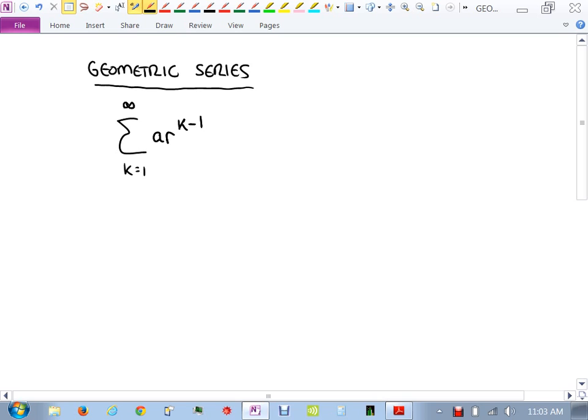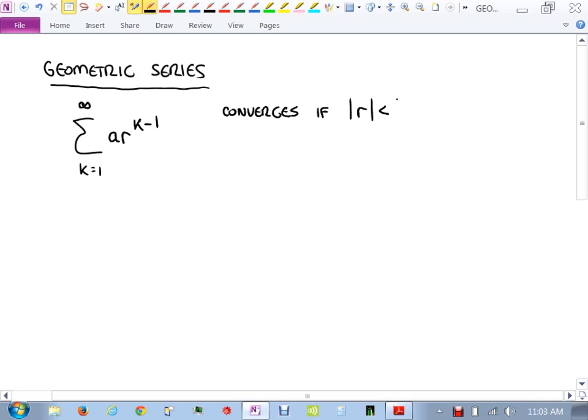R, right? Okay, so last time we looked at just if R was positive, all right? But I want to generalize this to match a handout that I'm going to give you all later today. This converges if the absolute value of R is less than 1.